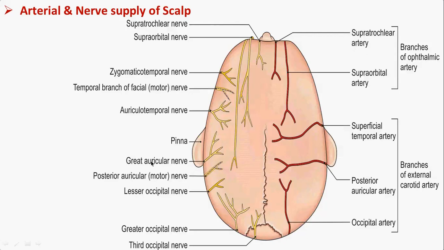Behind the ear, 4 sensory: great auricular nerve, lesser occipital nerve, greater occipital nerve and third occipital nerve. The posterior auricular nerve is the motor. That is about the arterial and nerve supply of the skull.